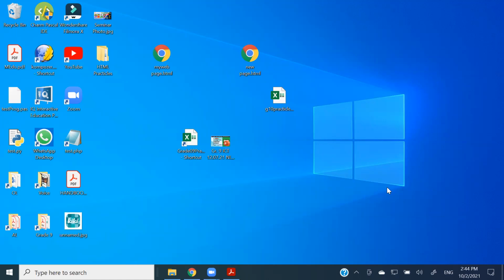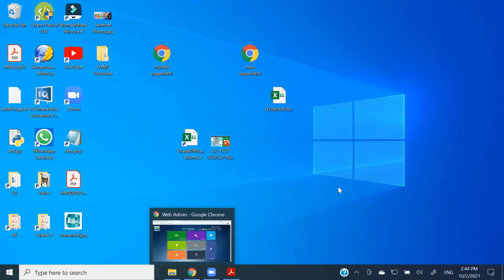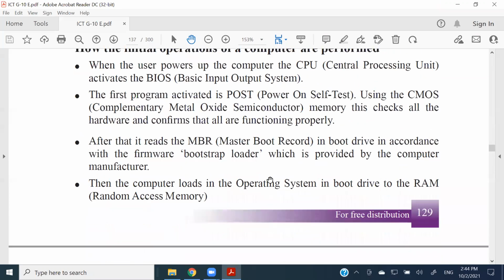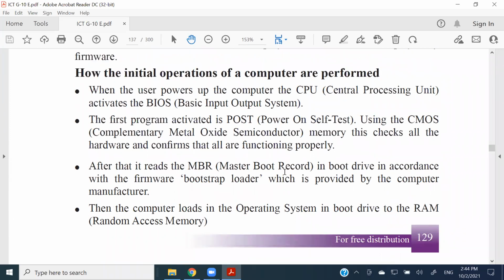For mobile phones, there are 2 major operating systems: the Android operating system and iOS, which is given by Apple. So there are many different kinds of operating systems around the world. As I told you, it is the one that is loaded into your computer the very first time.